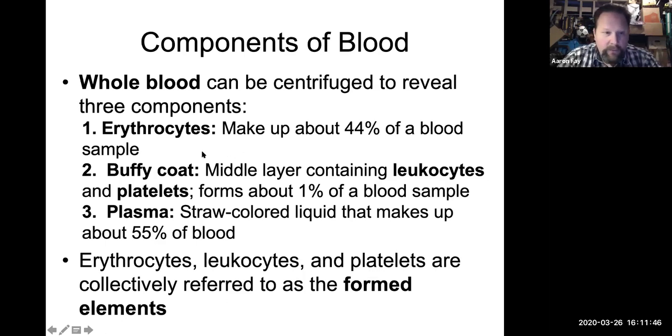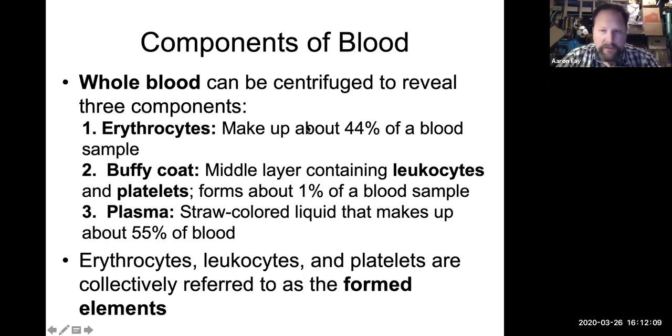Now, one group of cells that are actually really cells are leukocytes. So leukocytes are white cells. These are true cells. They do have a true nucleus, and they're correctly named.